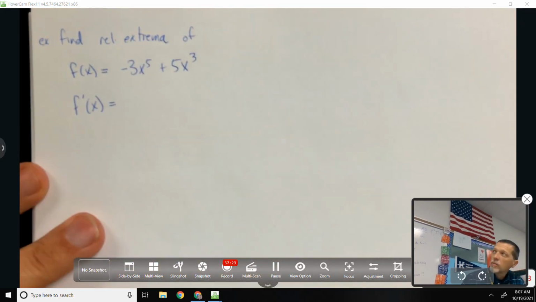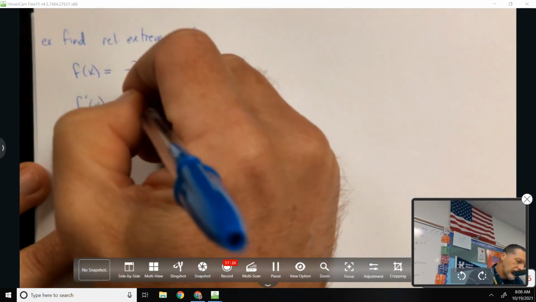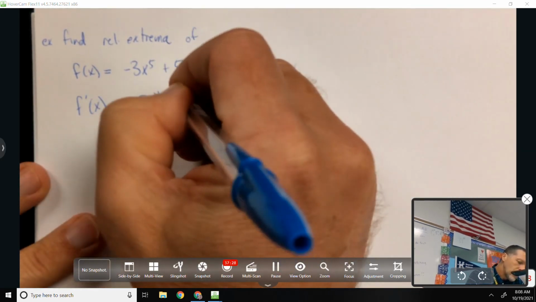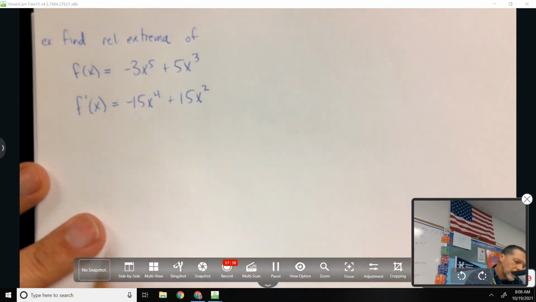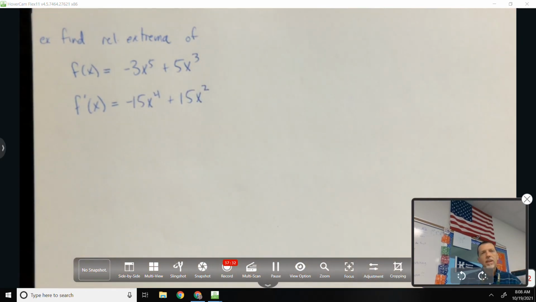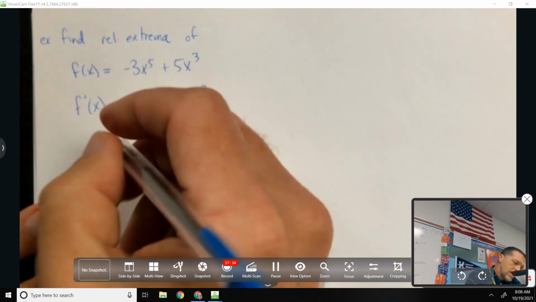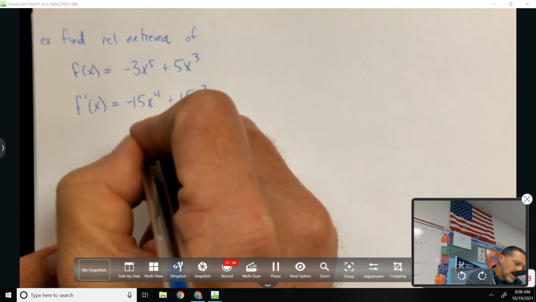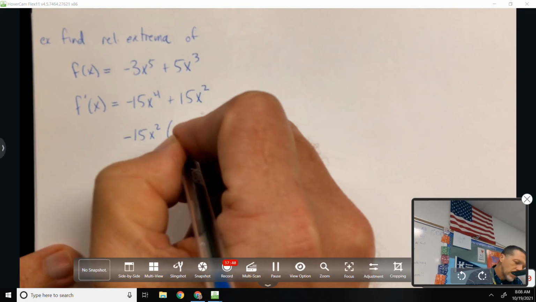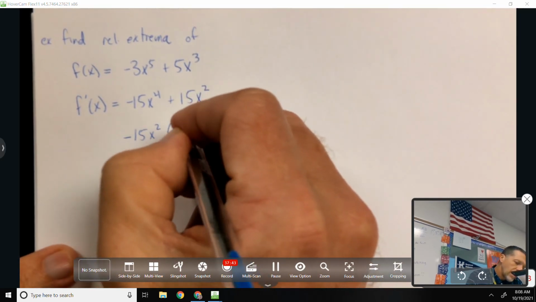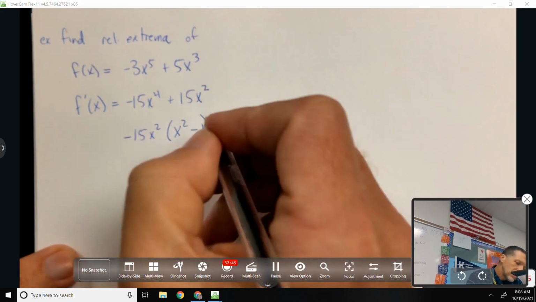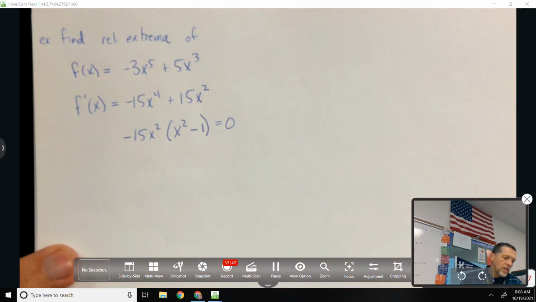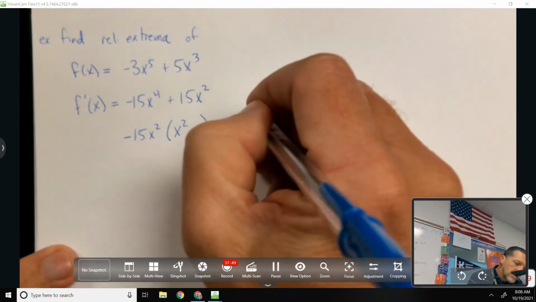Find the relative extrema of f of x equals -3x to the 5th plus 5x cubed. Again, we're going to go a little faster on this one. So f prime of x is -15x to the 4th plus 15x squared. I do need a second derivative, but first I'm going to factor out a -15x squared. That leaves x squared minus 1. Set that equal to 0 to give me my critical points.